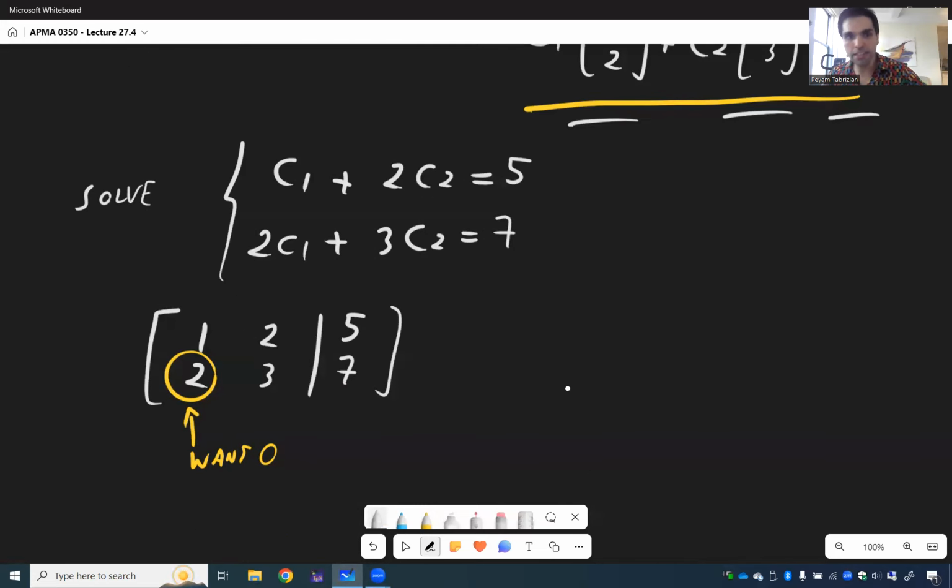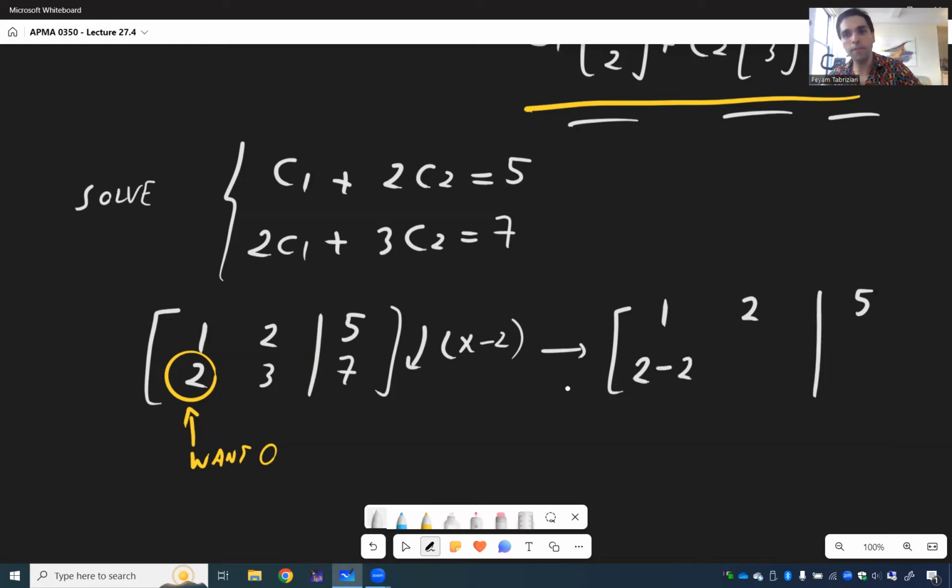So here, to make this 2 a 0, we can subtract 2 times the first row from the second one. So 1, 2, 5. And then in this case, 2 minus 2 times 1, 3 minus 2 times 2, and 7 minus 2 times 5.